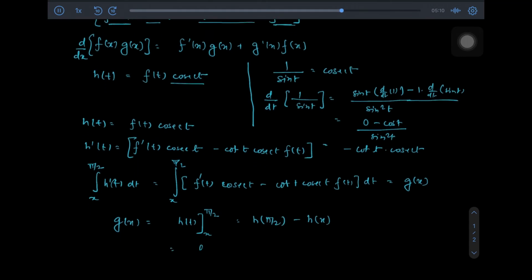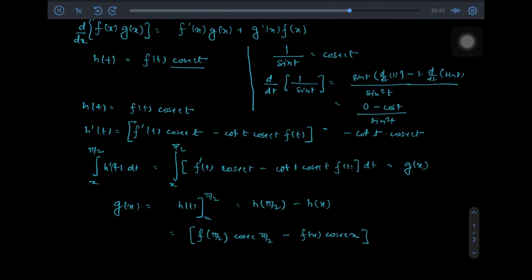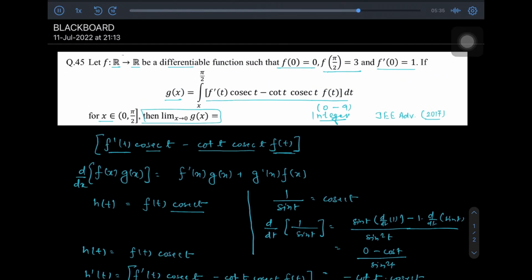Now what is h of pi by 2? It is f of pi by 2 cosec of pi by 2 minus f of x cosec of x. So f of pi by 2 is 3 and cosec of pi by 2 is 1.